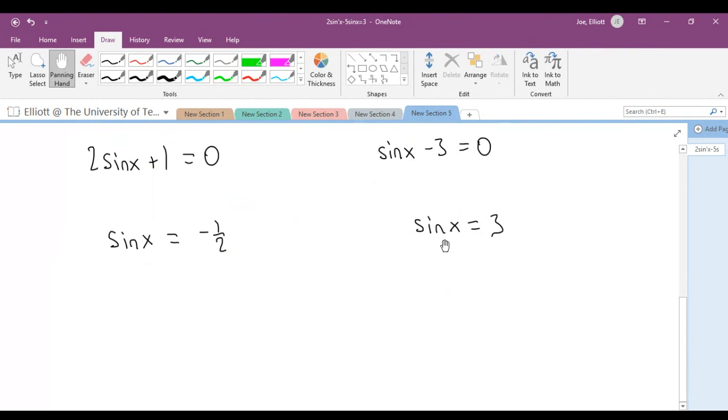Let's start with this one first. So can you guys think of any values of x for which sine of x would equal 3?